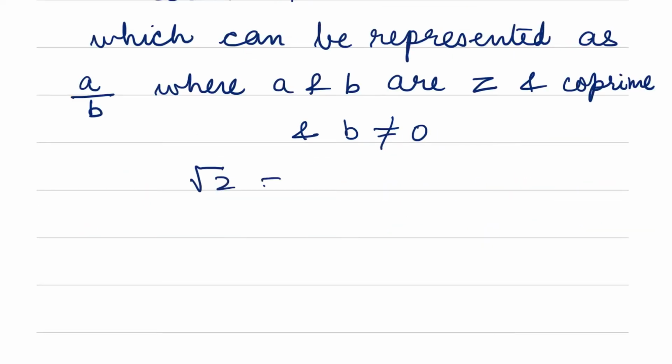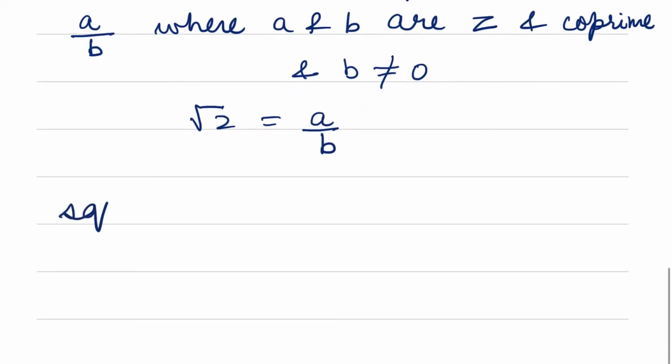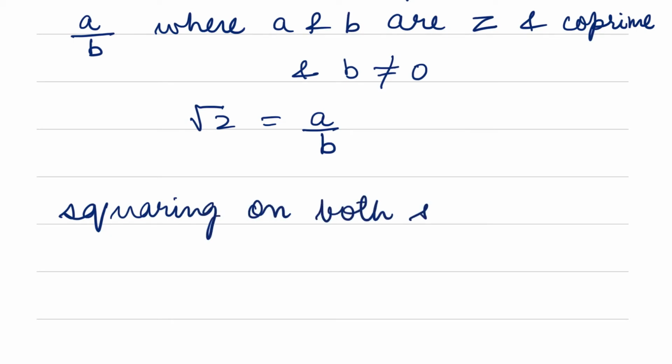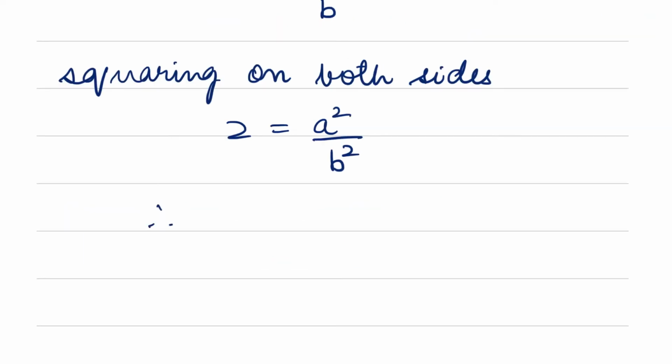Root 2 is equal to A by B, squaring on both sides. We have 2 is equal to A square by B square. Therefore, A square is equal to 2B square.